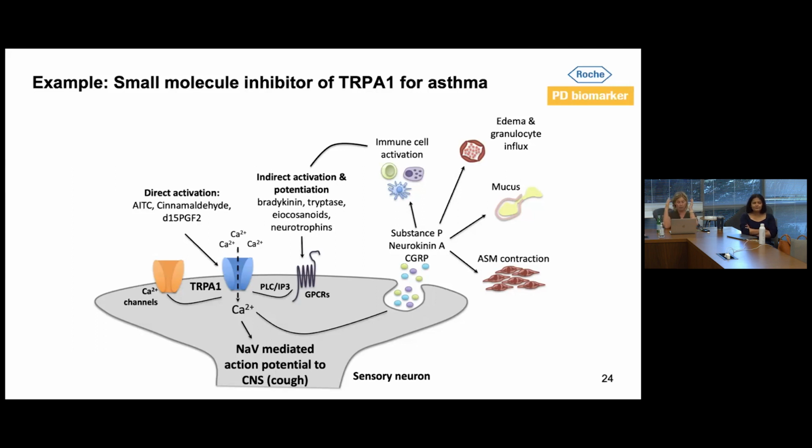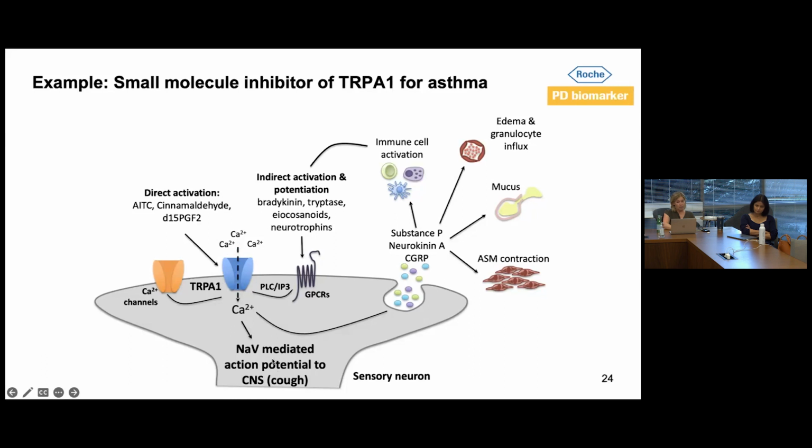And so I used an example in the brain, but this is an example of a target that is expressed on sensory neurons. It's called the TRPA channel. So that's expressed on sensory nerves, and it gets activated in different ways, and stimulation of this calcium channel leads to potentiation of the sensory nerves, which results in coughing.